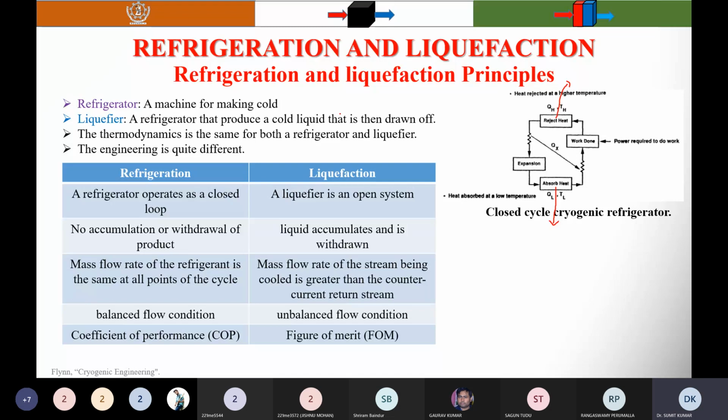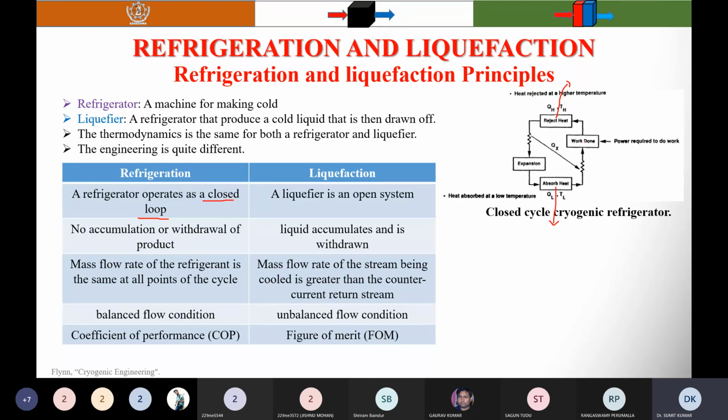So here a refrigerator operates as a closed loop. It means that the mass flow rate of the refrigerant is the same at all the steady flow devices.